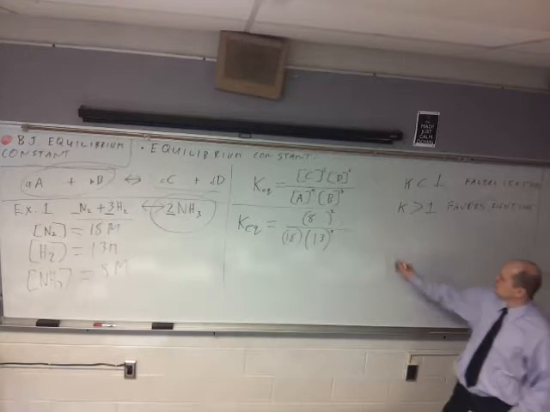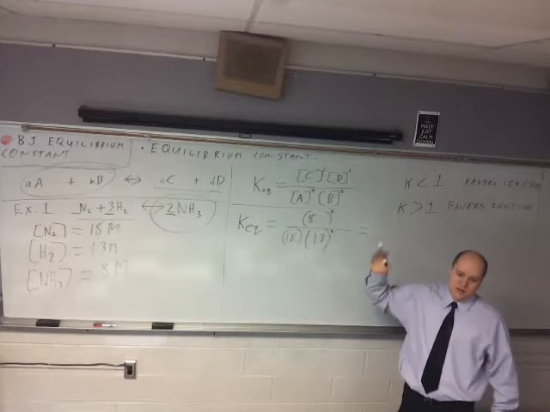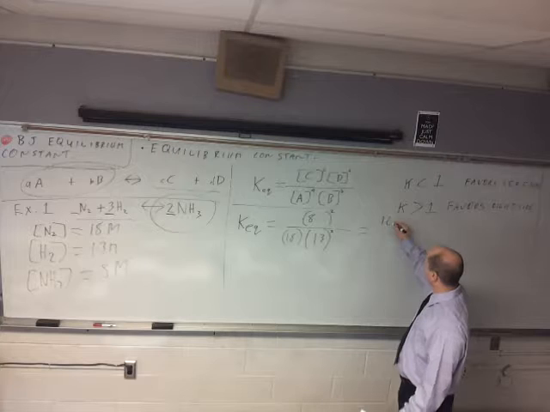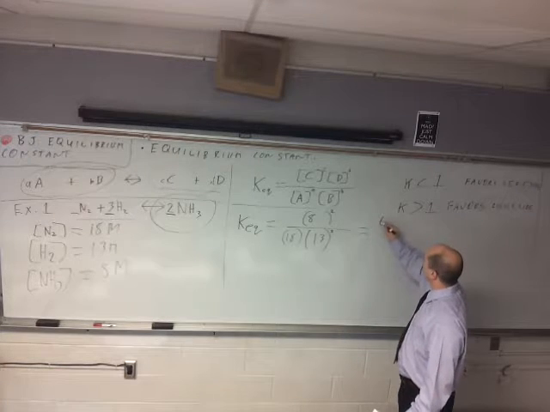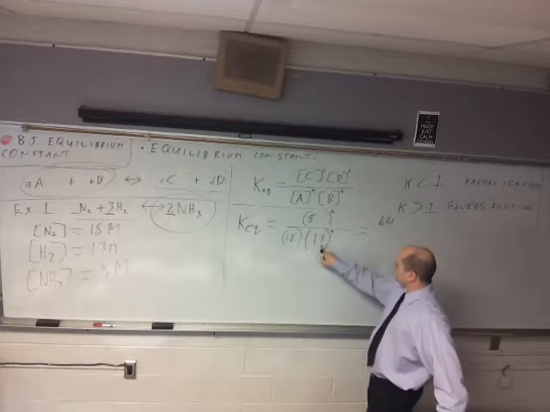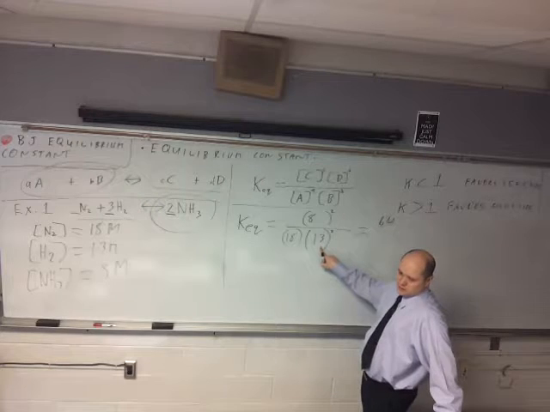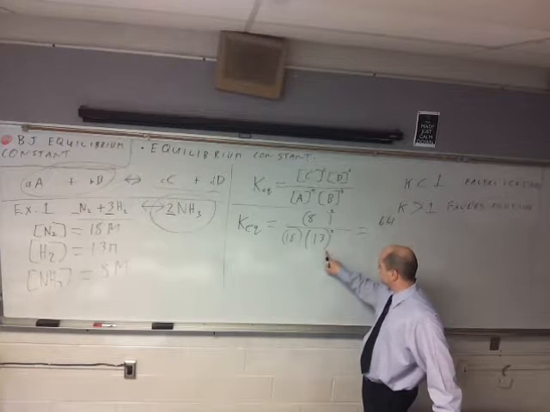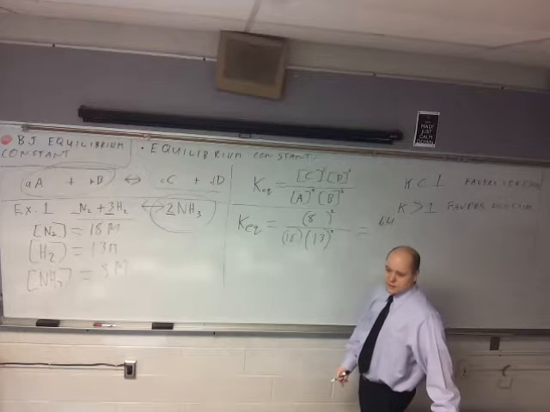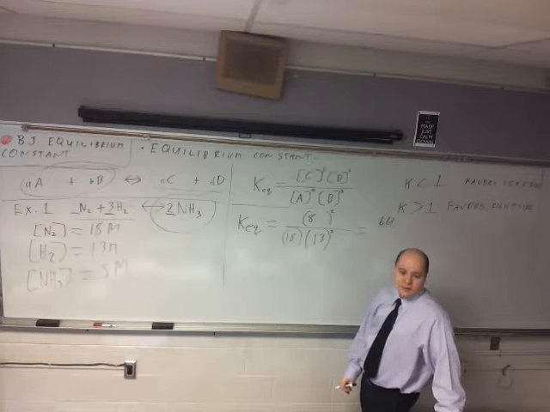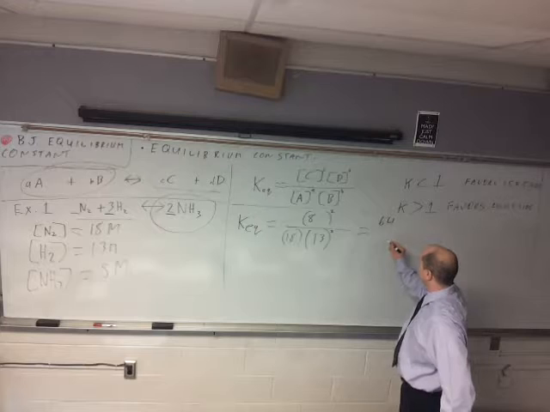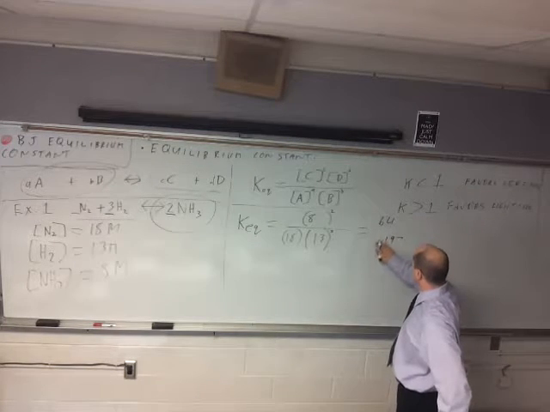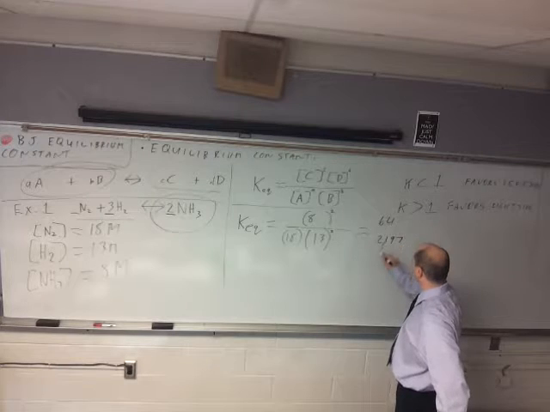All right, so let's plug these numbers in. Let's do top and bottom separately so we don't screw up the math. 8 squared is 64. Bottom, we got 13 cubed. 13 squared is 169 times 13 is, I don't know what. Somebody do this. Let's do a calculator, that works better. 2,197.